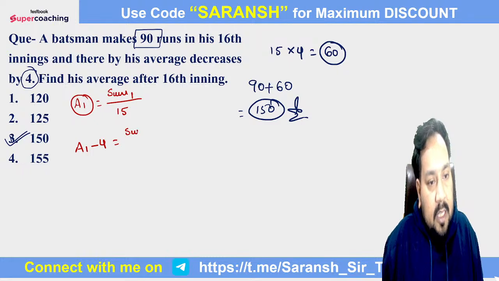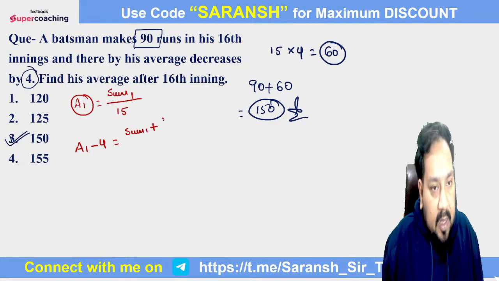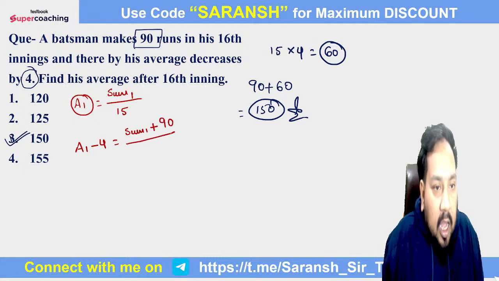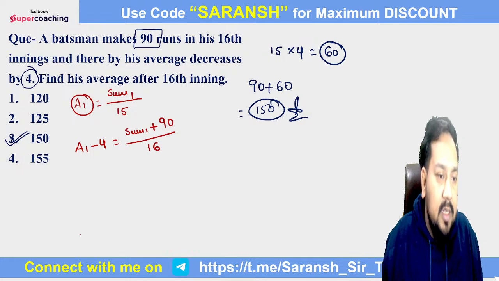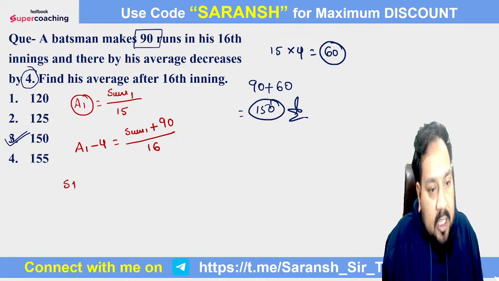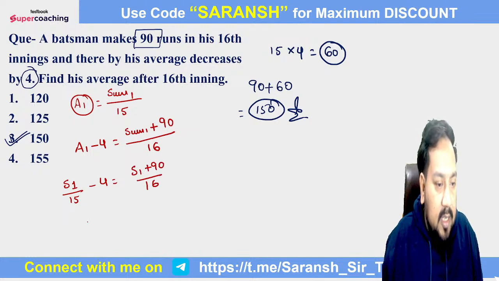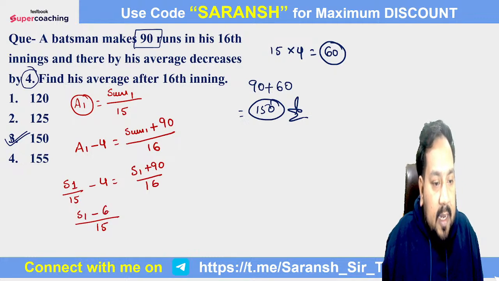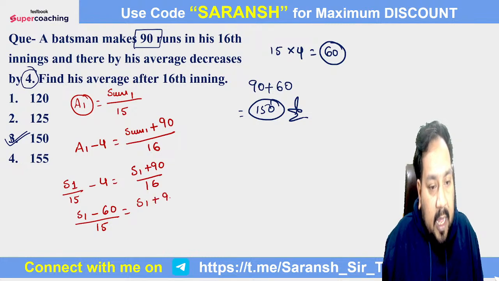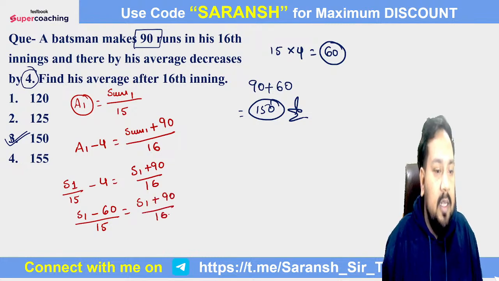That will be S1 plus 90 upon 16. Now put A1 in the second equation. S1 upon 15 minus 4 equals S1 plus 90 upon 16. 15 is the LCM. S1 minus 60 upon 15 equals S1 plus 90 upon 16.